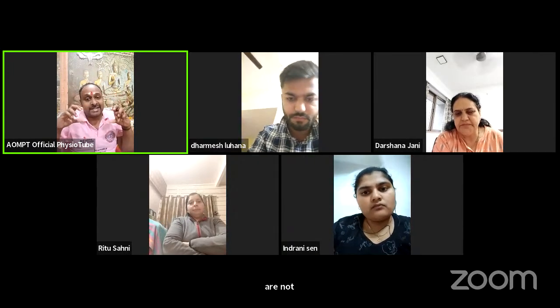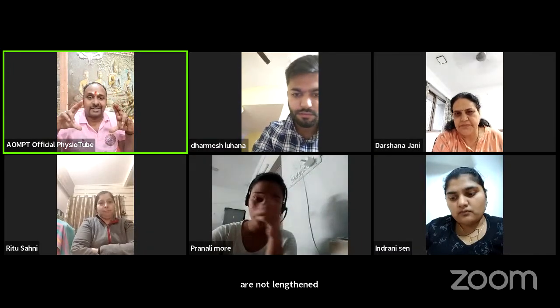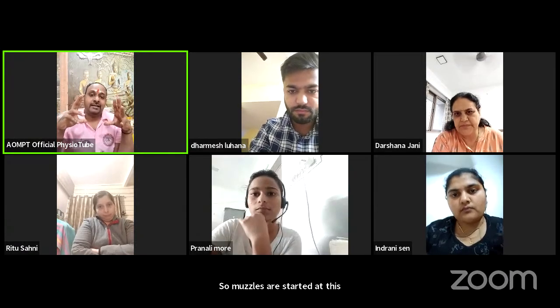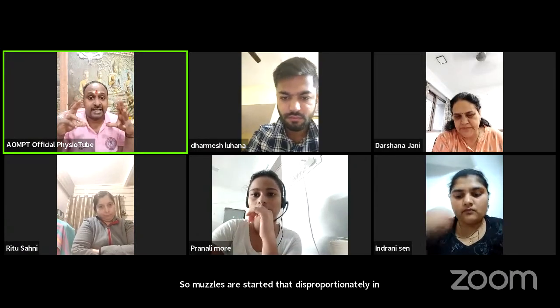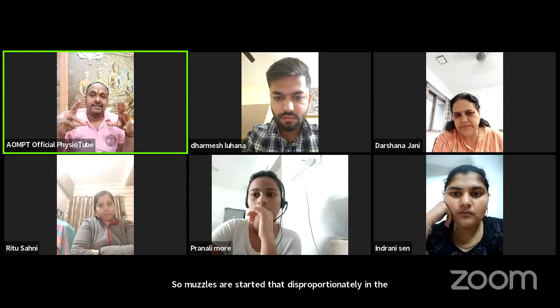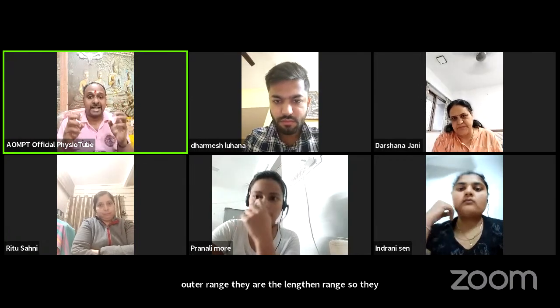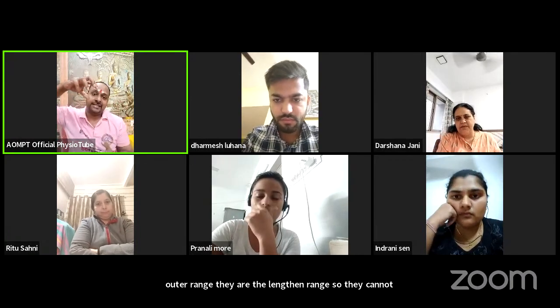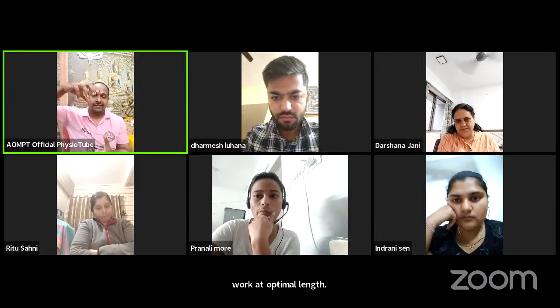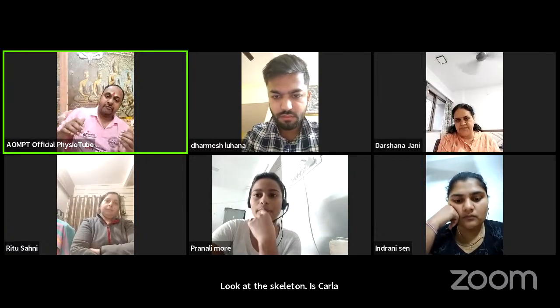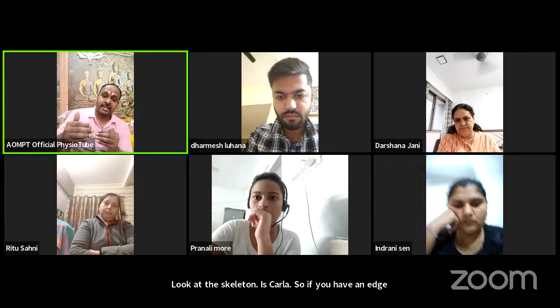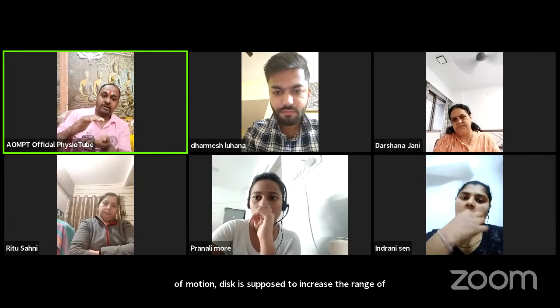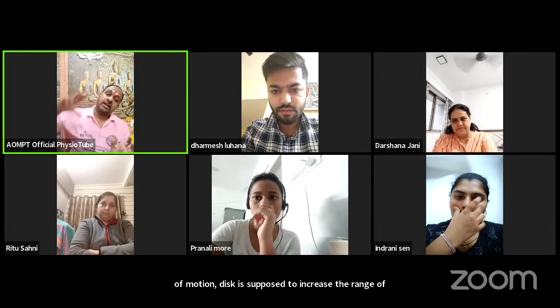So muscles are taut. They are disproportionately in the outer range, in their lengthened range. So they cannot work at optimal length because the skeleton is taller. So if you have a range of motion, the disc is supposed to increase the range of motion because the height is more, but the muscle is not allowing that.